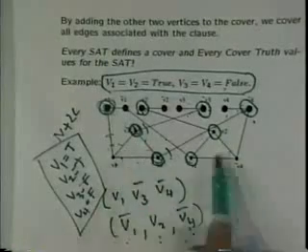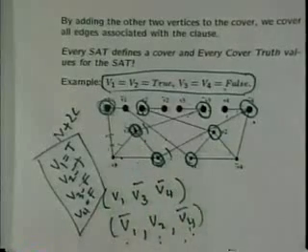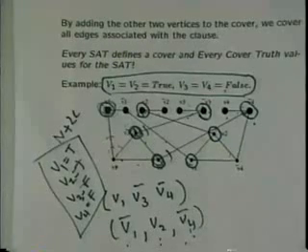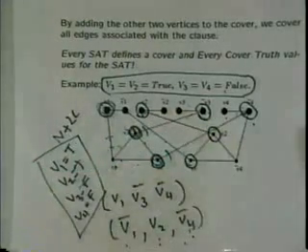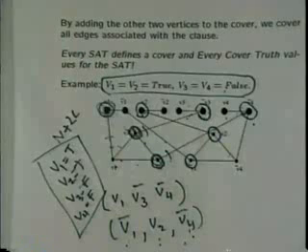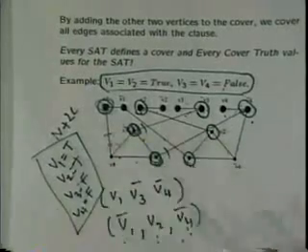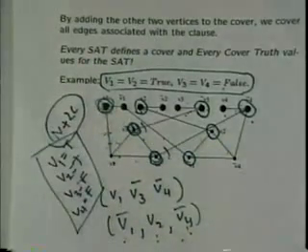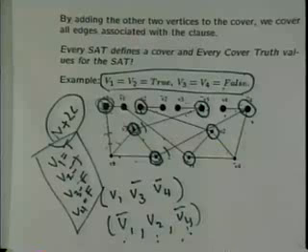Because we know that if you were going to be covering this graph, so suppose let's say that there was no satisfying truth assignment. If there was a cover, then I could read off a truth assignment from that cover. And because of the way I constructed it, if there was a vertex cover of this size, that would have to give me a truth assignment that was satisfying.